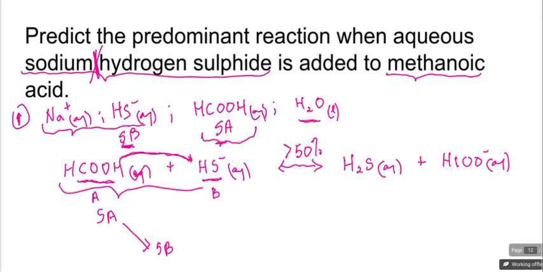So if we take a look on the product side of the table, we see that after the acid has given away its proton, it becomes HCOO negative over on this side. The base, on the other hand, once it's accepted a proton, becomes H2S.